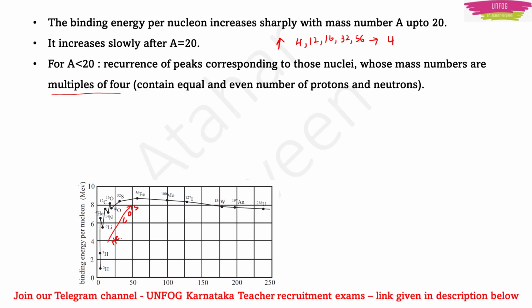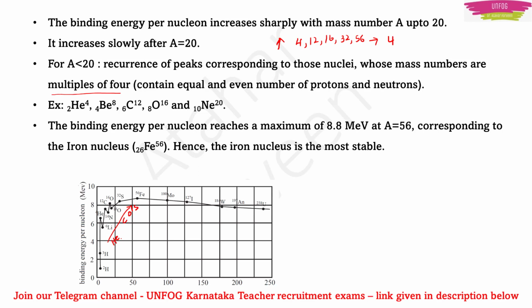They all have mass numbers which are multiples of 4. Also, they contain an equal and even number of protons and neutrons. That is also one speciality. Only for those atoms is the binding energy per nucleon sharply increasing. These are the examples I have already told you, right?